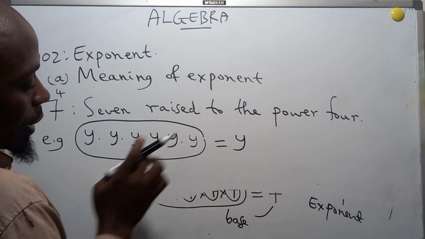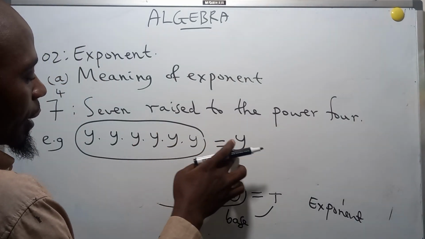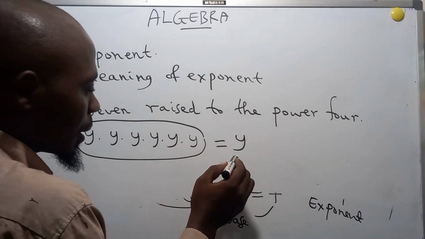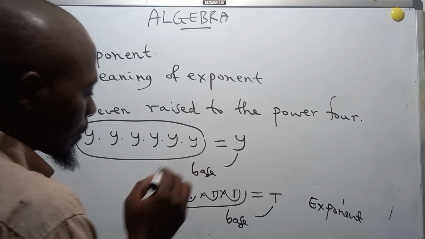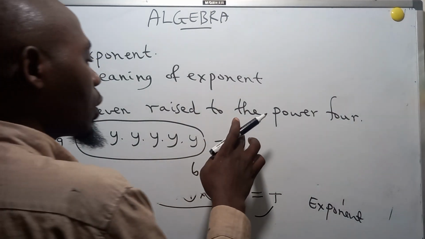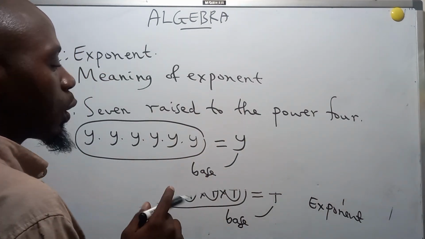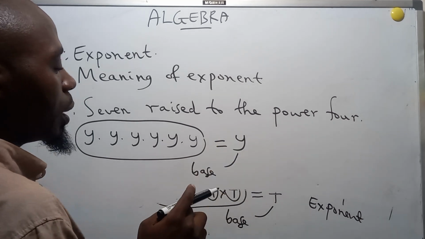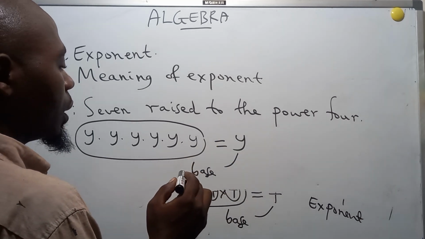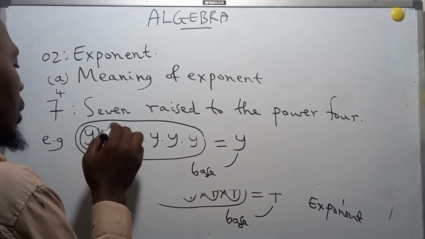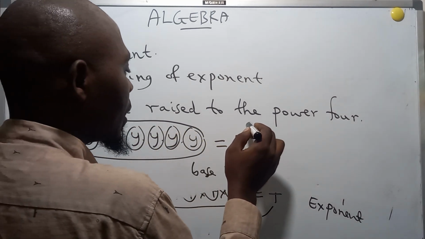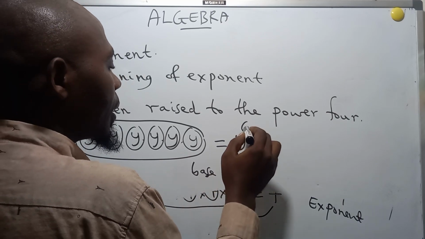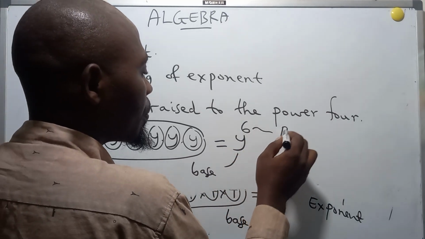This variable y is being multiplied by itself 6 times, and this variable y is known as base. And at the top of variable y, I write how many times it is multiplied by itself, which is 6. And this 6 is known as power.